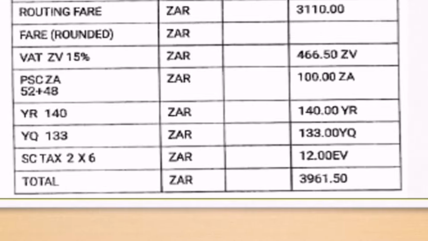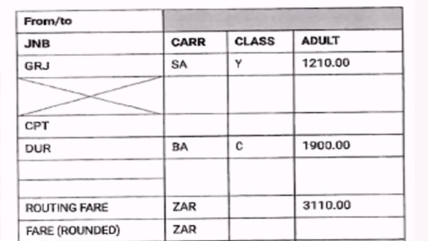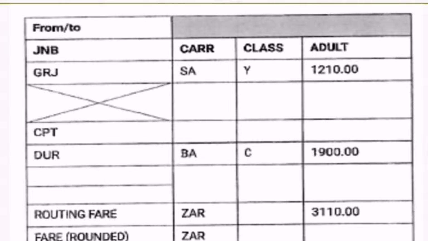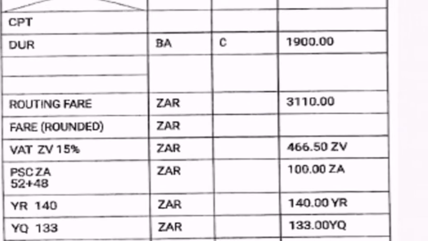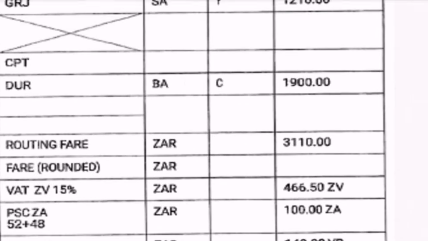Then you have your YR and your YQ tax, which is also tax that is based on the carrier that you are going to be using. When you deal with this tax, you go into your fare handout and you look for the taxes that are charged by each airline. So here we have SAA and we have British Airways.